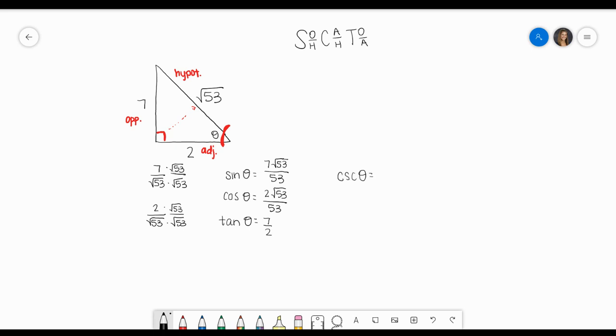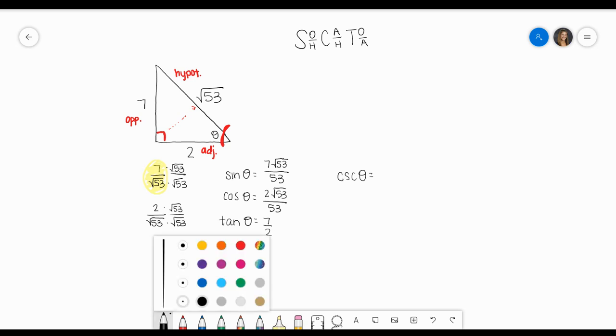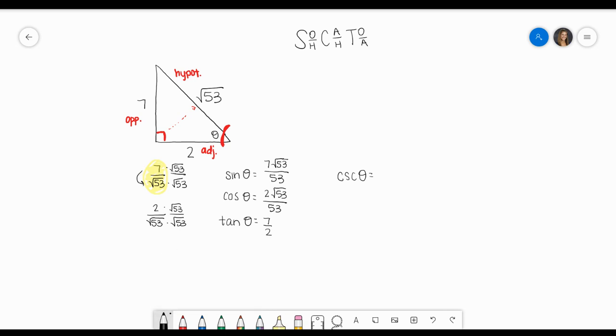We were told that we need to flip our fraction, and it works best if you go back to your initial problem, which is this over here, our 7 over the square root of 53. Our life will be made a whole lot easier if, when we are writing the reciprocal, all we do is flip that fraction. So we would end up with the square root of 53 over 7. That's a lot less work for us.